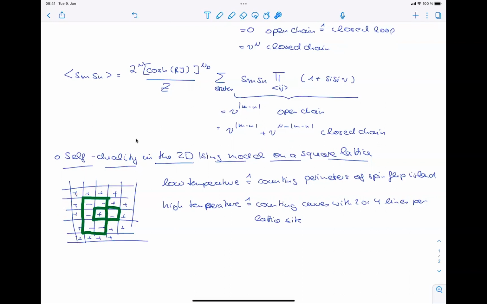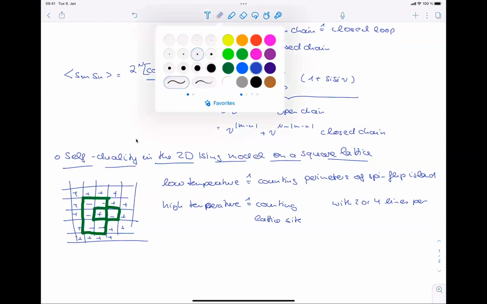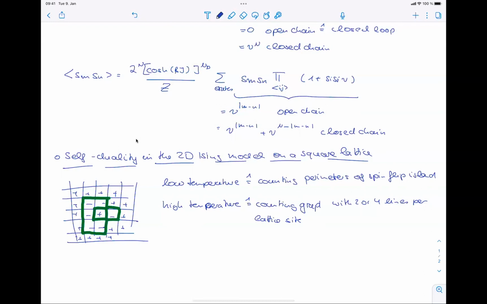Actually, curve, we call it graphs. Graphs. This is also a graph that would contribute because it exactly has 2 or 4 lines per lattice site.